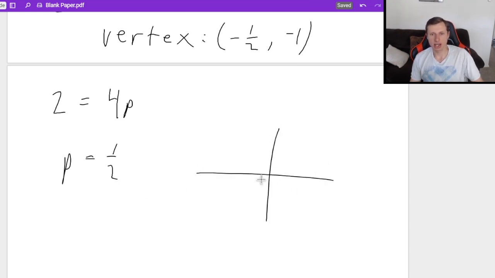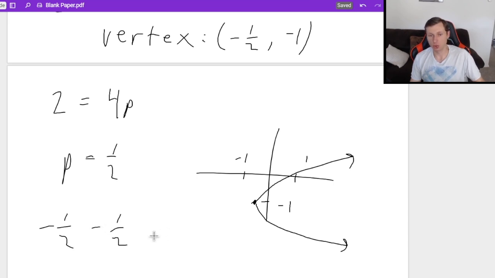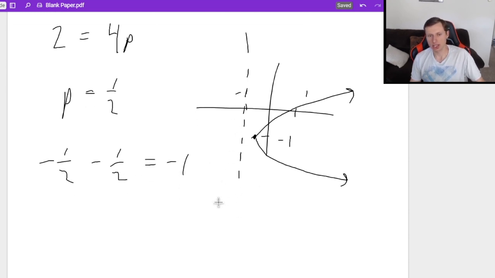And so now I start graphing this. The vertex this time is at negative 1/2 comma negative 1, about here. We said it opens to the right, so something like this. And the directrix is 1/2 to the left of that. So in other words, negative 1/2 minus 1/2 for the directrix, because the directrix needs to be over here somewhere. That's going to be negative 1. So the directrix is at x equals negative 1.